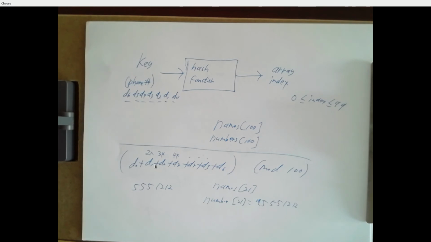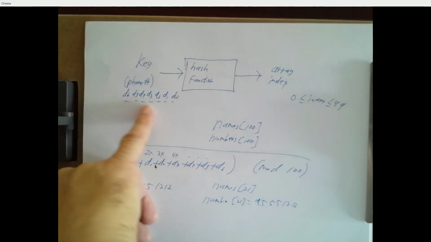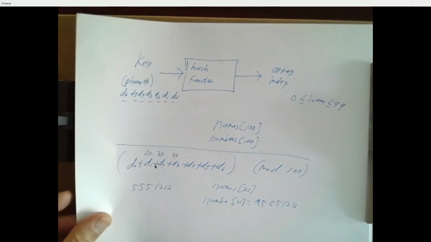Okay, it's topical to where we are right now, though, because this is just usually more modular arithmetic, right? So it's kind of like the same things we're doing with these check digits. You come up with some way to take your data and turn it into an index. And this works even if we're not trying to store something like integers. We could store names in a hash table.